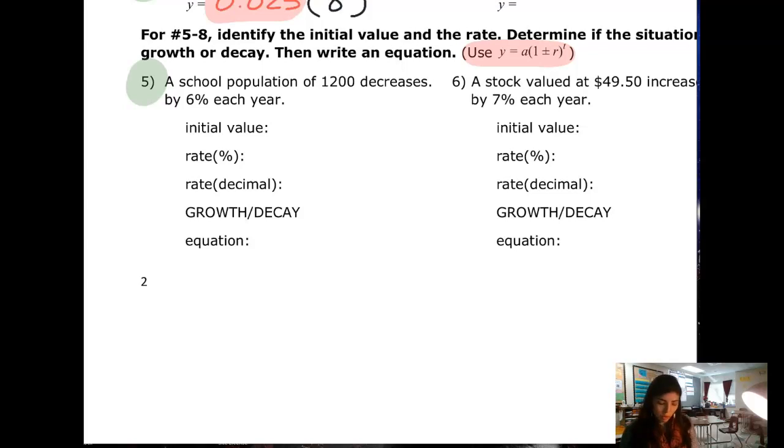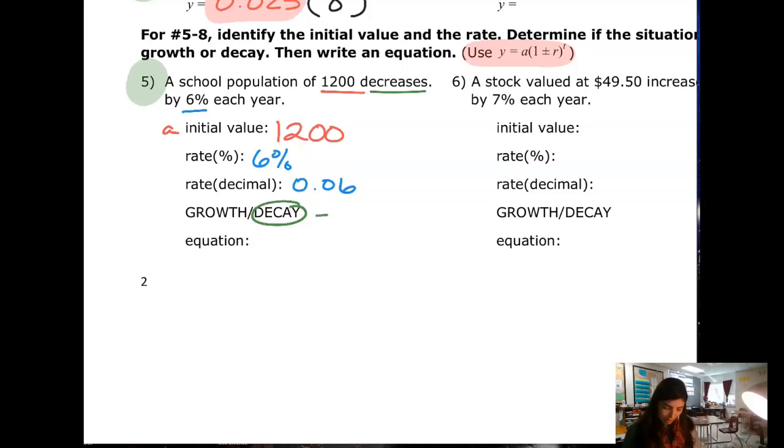A school population of 1,200. 1,200 is my initial value. That's my a value. My rate as a percent is 6%. My rate as a decimal, remember moving the decimal place twice, is 0.06. And since this says the word decreases, I know that this is going to be decay.